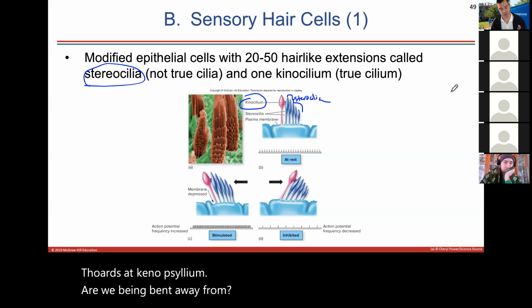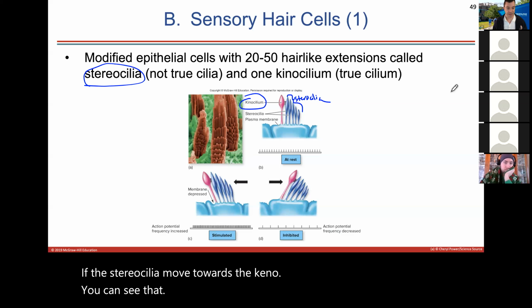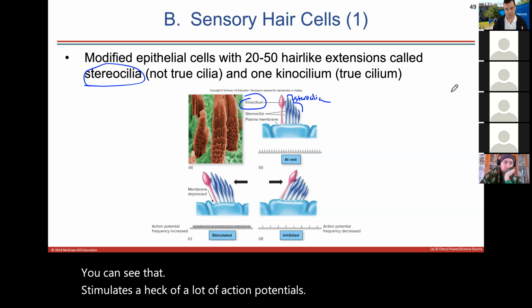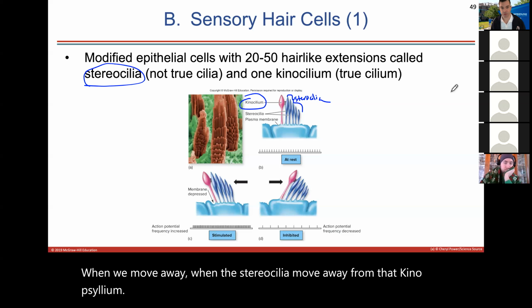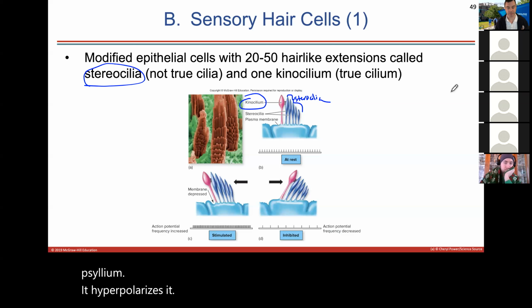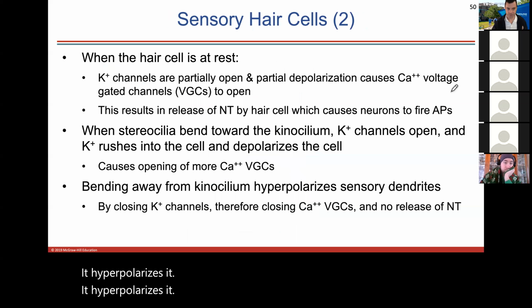And by that, I mean the stereocilia. If the stereocilia move towards the kinocilium, that stimulates a heck of a lot of action potentials. When the stereocilia move away from the kinocilium, it hyperpolarizes it.